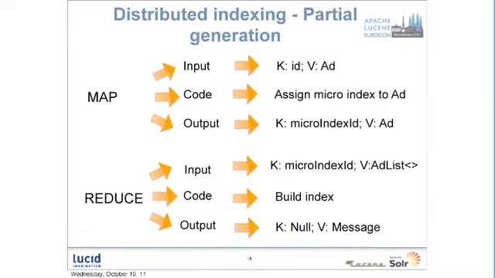So the output is the micro index ID, and the value is the document. In the reduce side, as input, we receive a micro index ID and all the documents that belong to this micro. So the code of the reducer is the one that is going to prepare the index and build it.